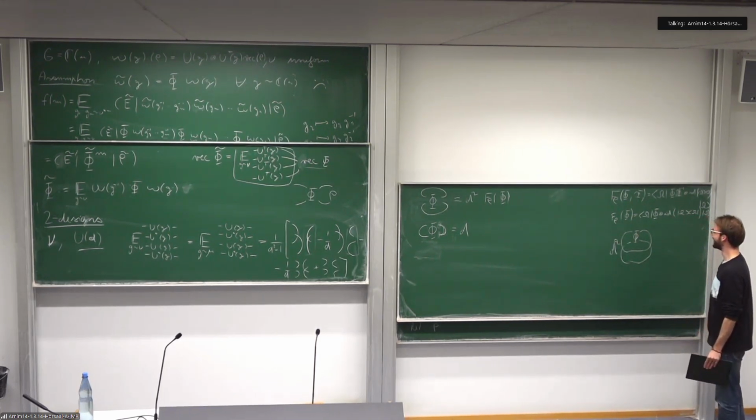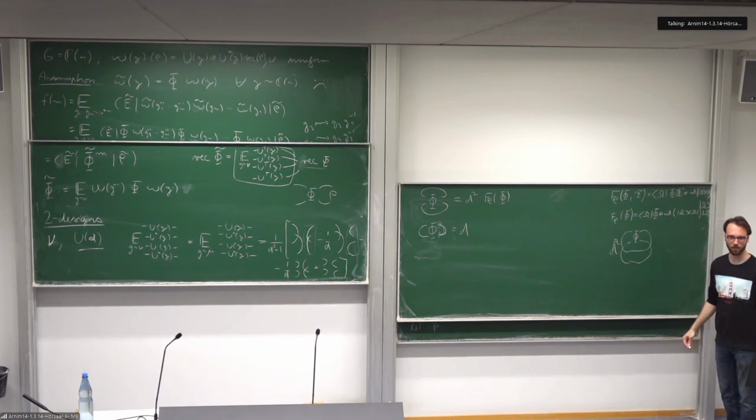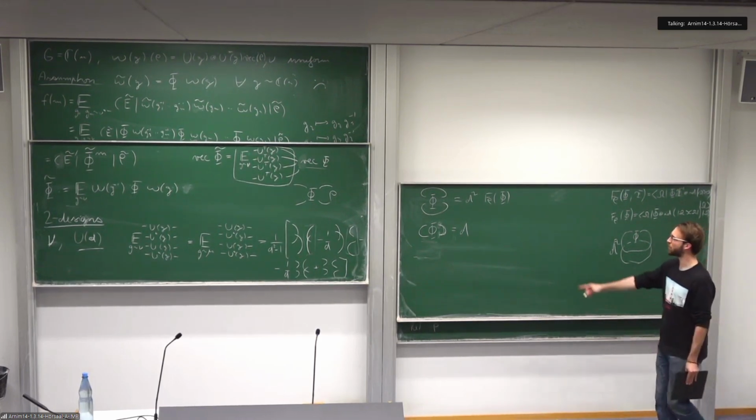Right, because this is normalized, so I need to write it like this over d squared with these. Does that make sense? Okay, so now we have nice pictures.